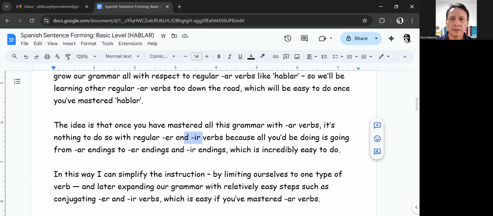Transitioning from an AR verb to an ER verb is simple. Transitioning from an ER verb to an IR verb is simple. So really the key is just to master one of the verbs, and we're starting with hablar. All you're doing basically is changing the AR endings to the ER endings, and that's easy to do. And then the ER endings and the IR endings are almost identical in every respect. So it's really easy to do.